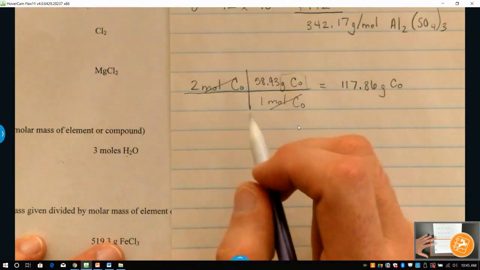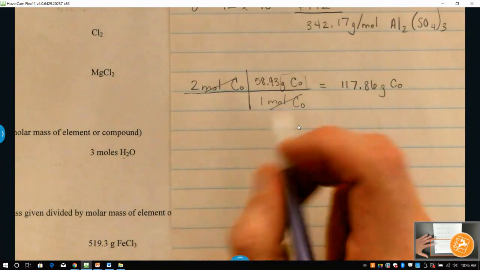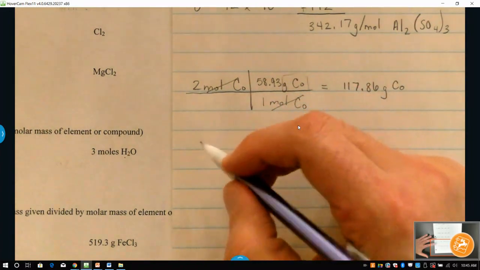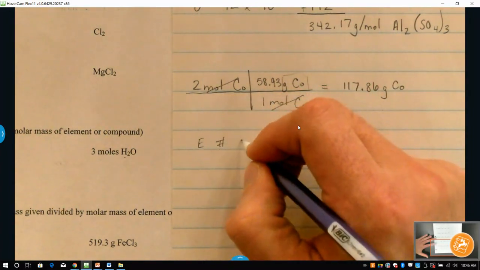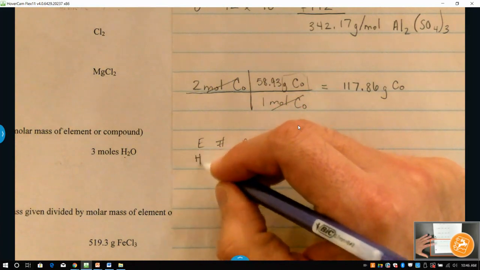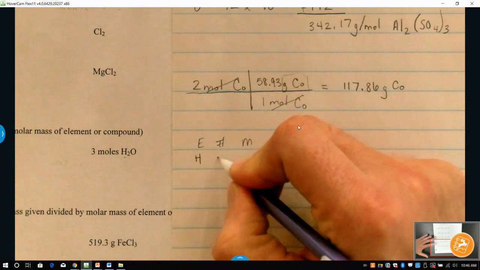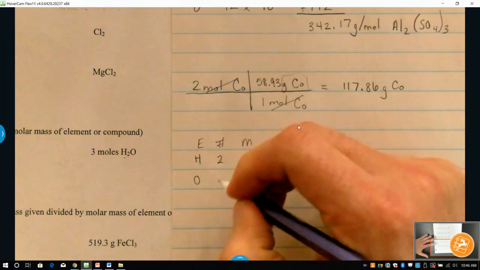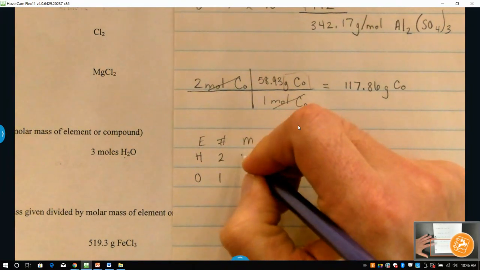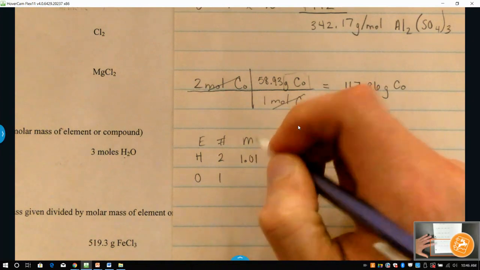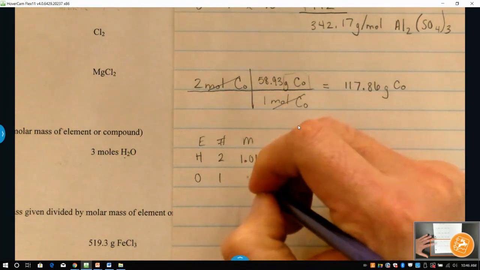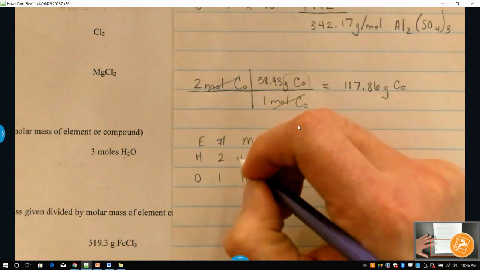It's kind of like a little two-stepper. Element, number, mass. First element we see is hydrogen. There are 2 of them. The next element we see is oxygen. There is 1. Looking on the periodic table that I gave you guys, that's what we're using, hydrogen is 1.01, and oxygen, 16.